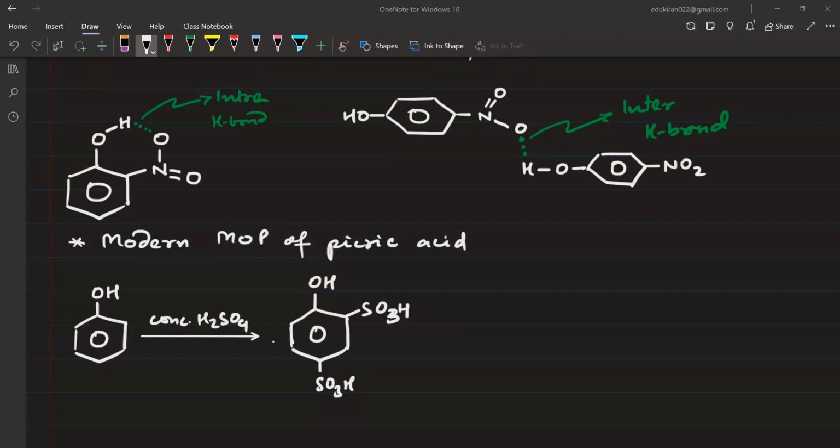You will get phenol 2,4 disulfonic acid. Now, when this is treated with concentrated HNO3, it gives you picric acid.